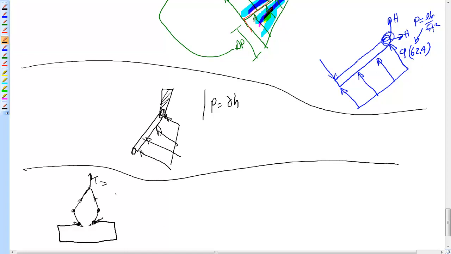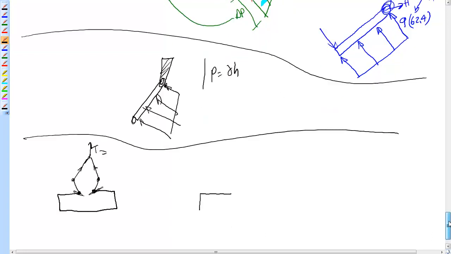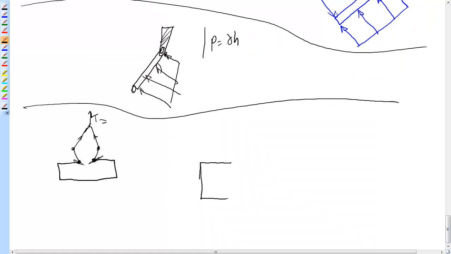Might want to know also the tension here. The geometries of those are very limited in a way. I'm generally going to stick to something that might be easy to calculate.